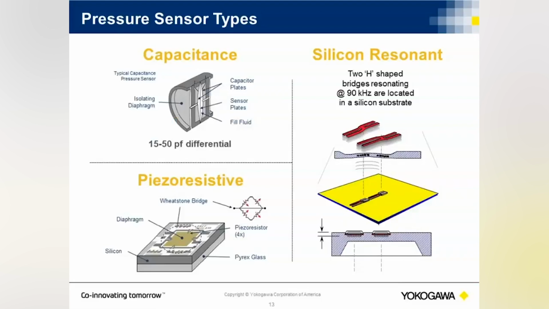Piezoresistive integrated semiconductor pressure sensors utilize a Wheatstone bridge that measures applied stress as a function of the change in the resistance of the legs of the Wheatstone bridge. And then finally, silicon resonant sensors, which are used in Yokogawa's differential pressure transmitters. These are constructed of two H bridges that resonate at 90 kilohertz.